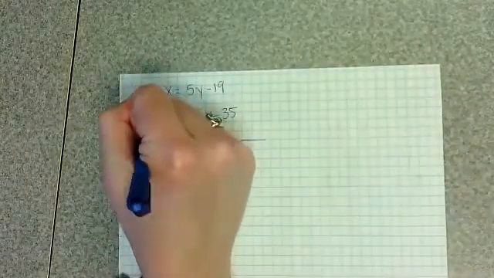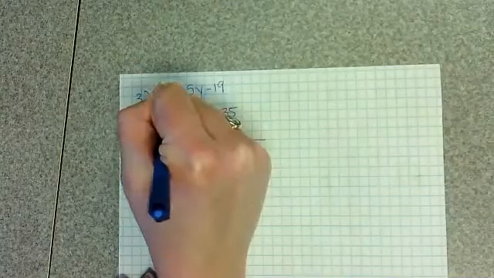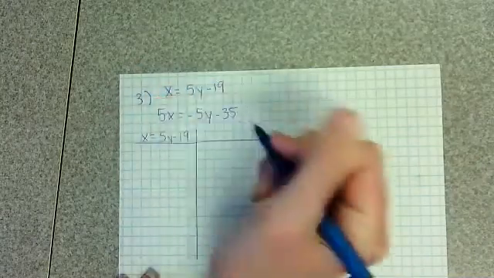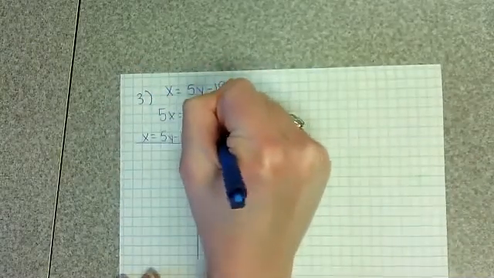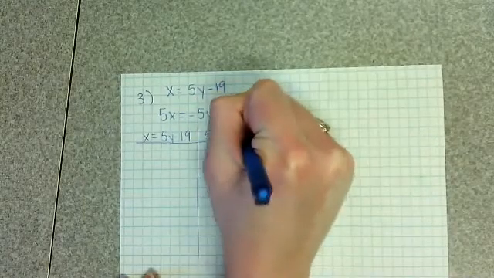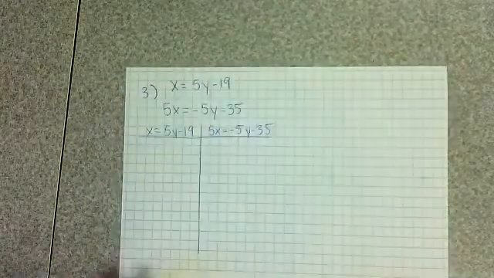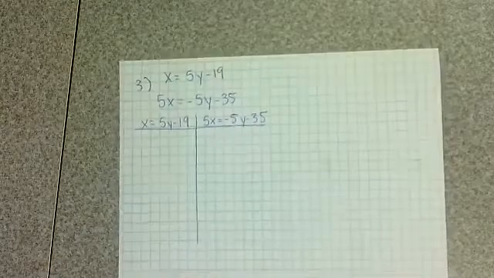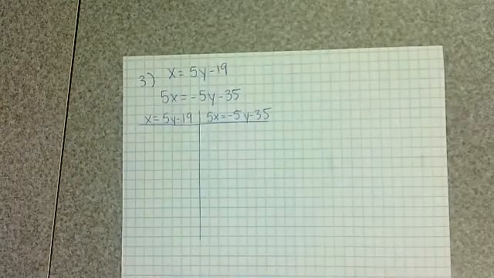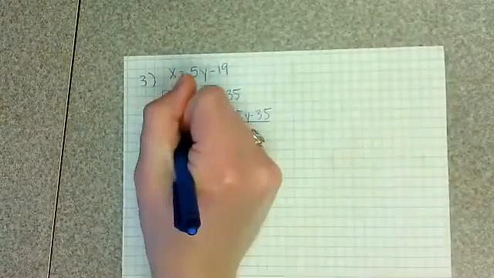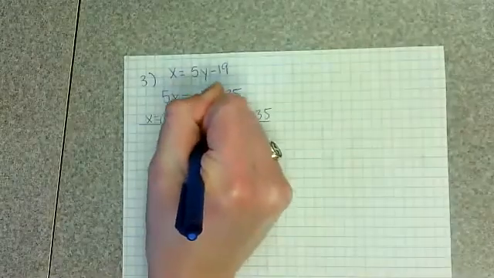I'm going to put my top equation first. And then my second equation. X equals gets circled.